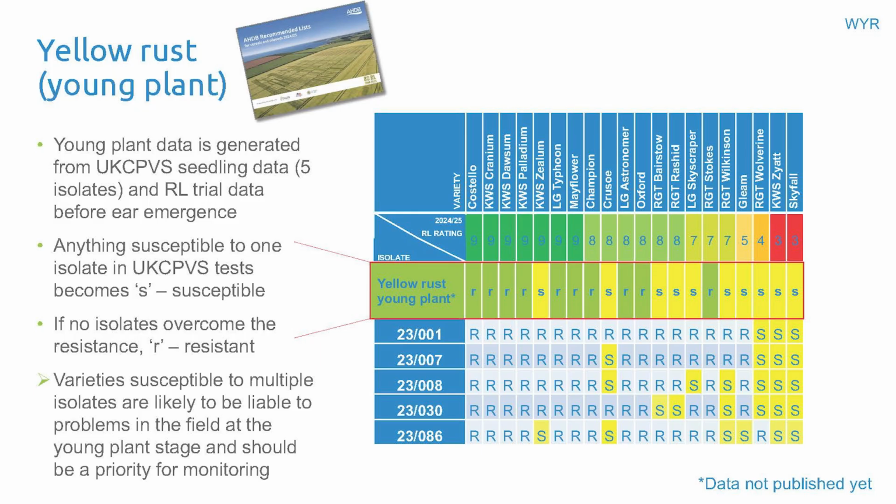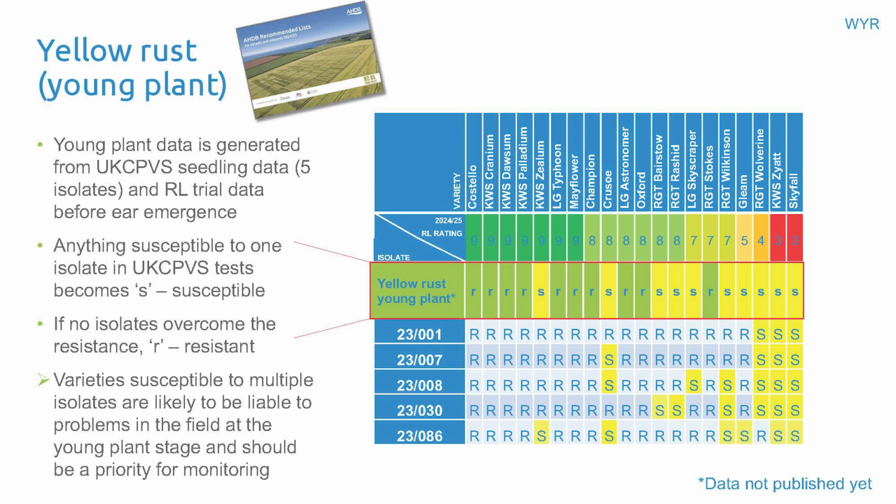As well as this pilot screen that I did with the 36 isolates, we've chosen our 5 isolates to test on the full set of RL and RL candidates. And these are my 5 isolates here. You can see, if it's an R, it was resistant at seedling stage, S is susceptible at seedling stage. And the young plant data is generated from this seedling data with these 5 isolates.